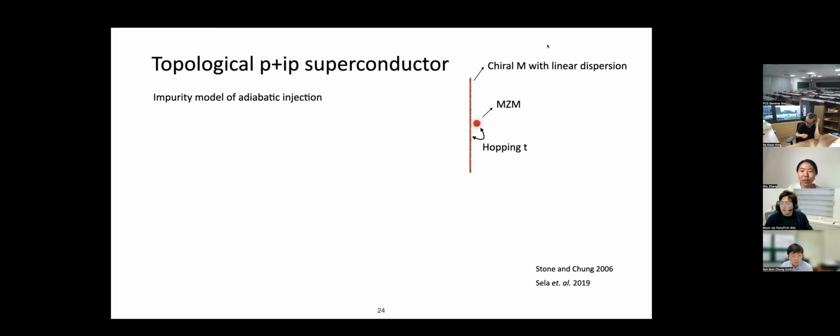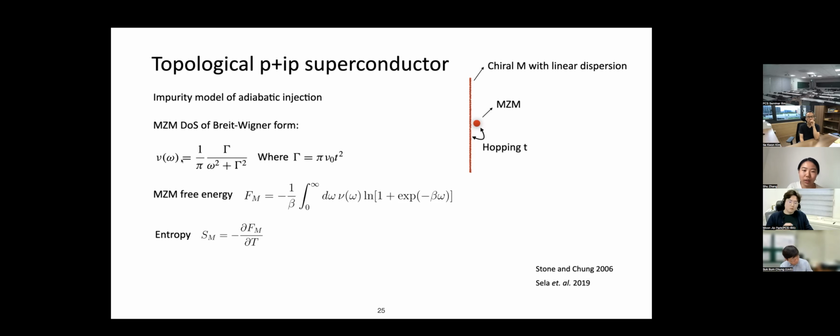And we can put this into a more precise form by considering an impurity model of an adiabatic injection, where a Majorana zero mode vortex is sitting next to a chiral Majorana mode with linear dispersion. With the linear dispersion in 1 dimension, the density of states is a constant. And we consider the hopping between this zero mode and this chiral mode with constant density of states.